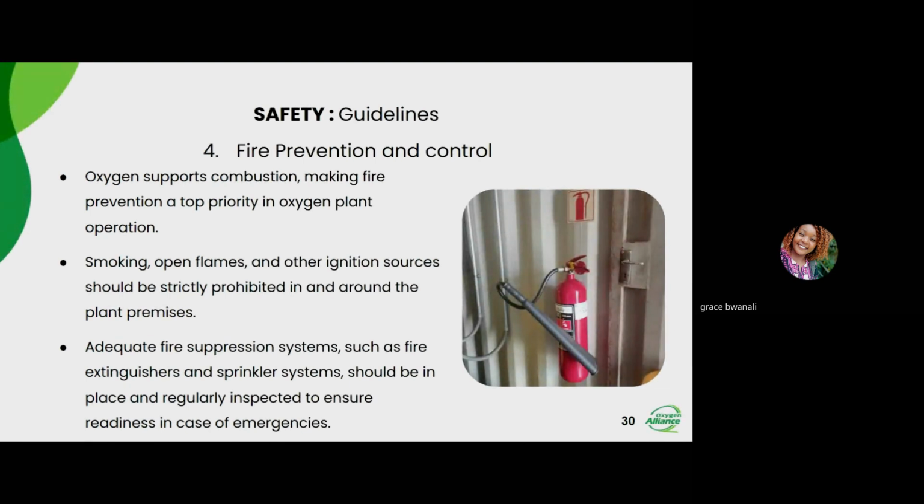There are also sprinkler systems. These are life tools that can help in times where there is fire, so we can be able to control the fire. We have to make sure as operators, if we are going to operate a plant in future, that the oxygen plant has the fire control systems.